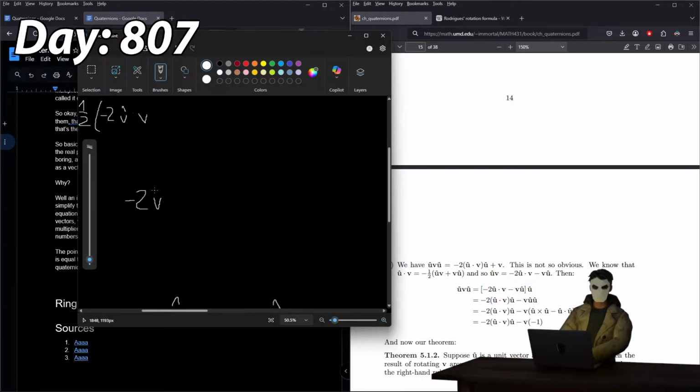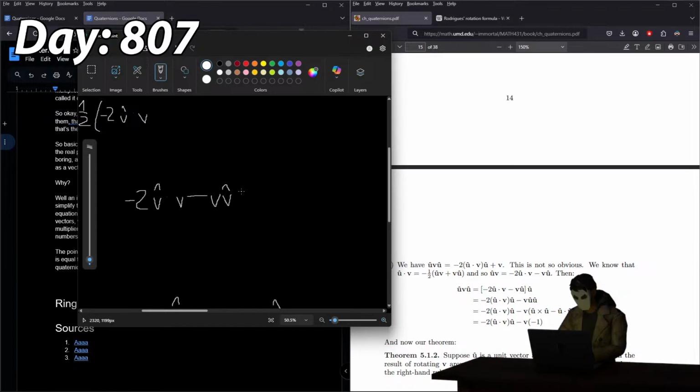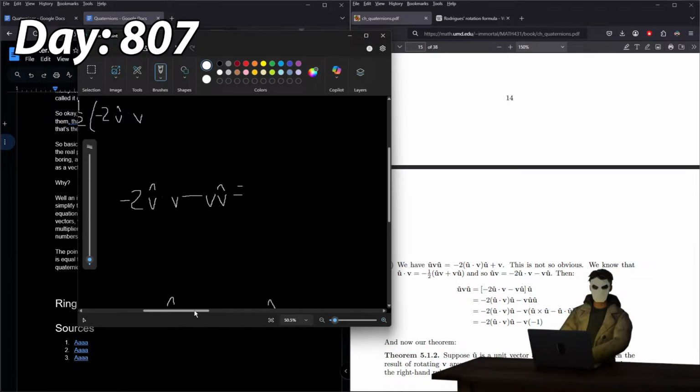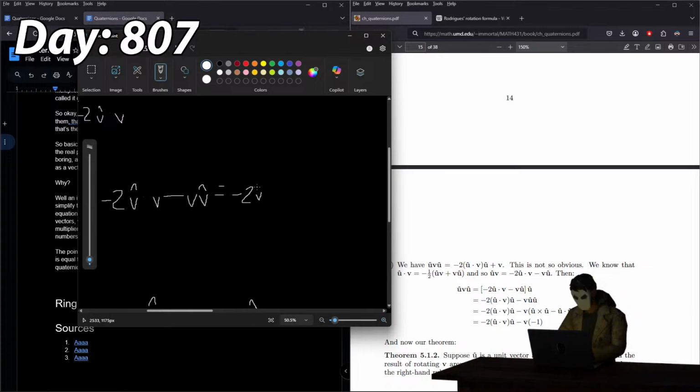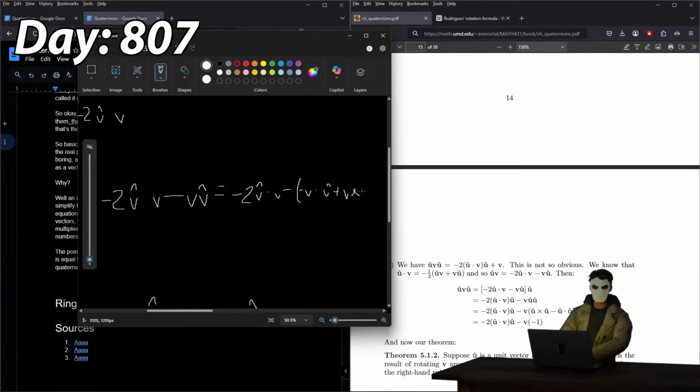Negative 2u dot v minus vu, this, then what we need is dot, we can extract this, so it's equal to negative 2 minus vu plus v cross u is equal to v cross u.